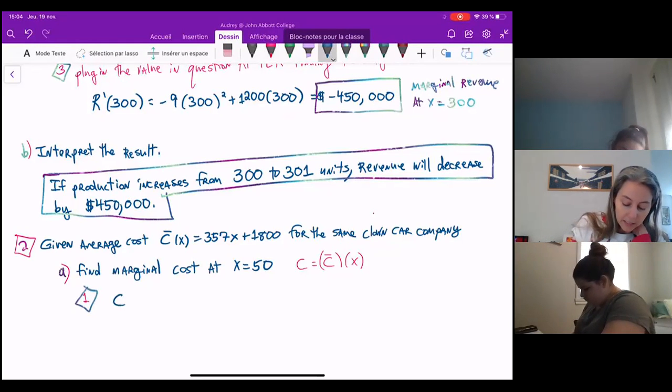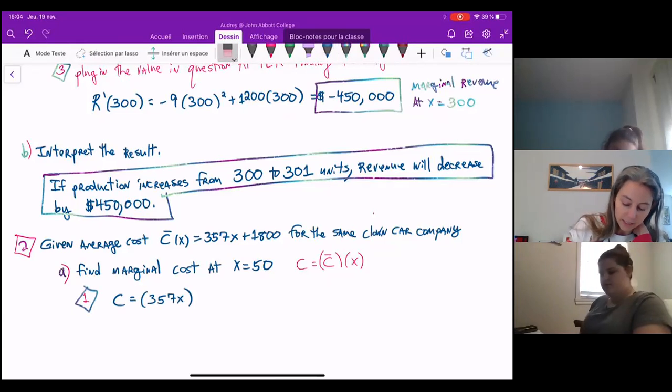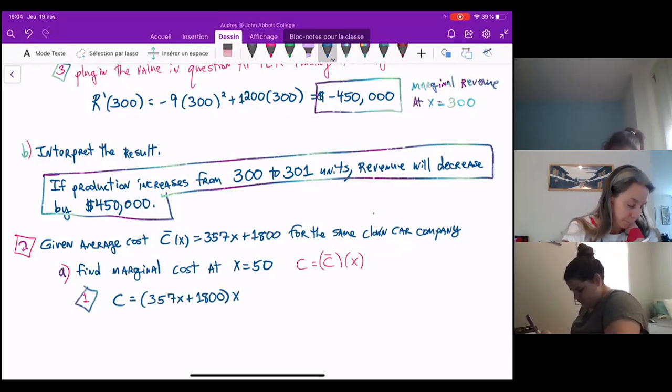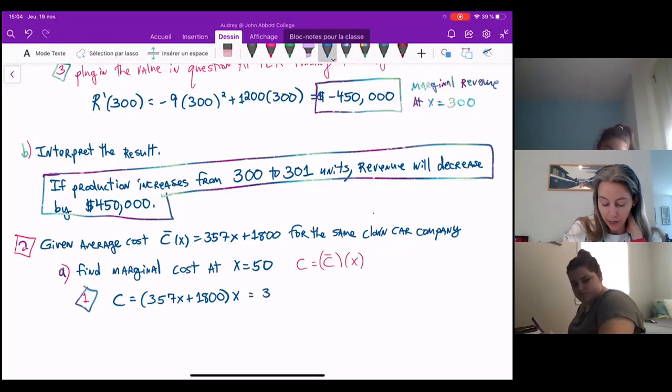So C is equal to 357x plus 1800, times x, which is 357x squared plus 1800x.